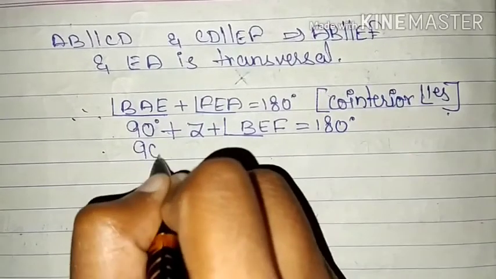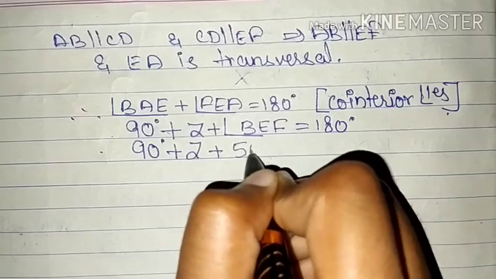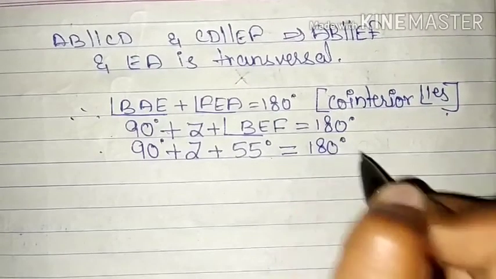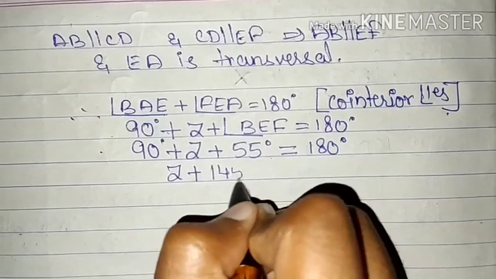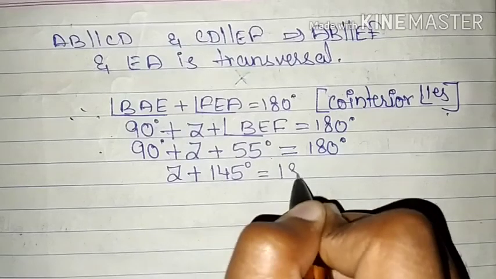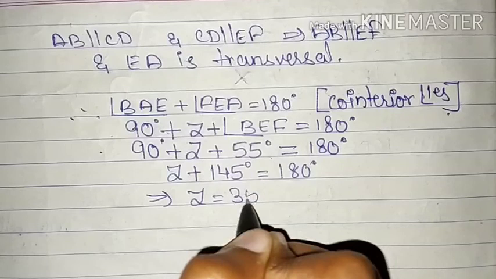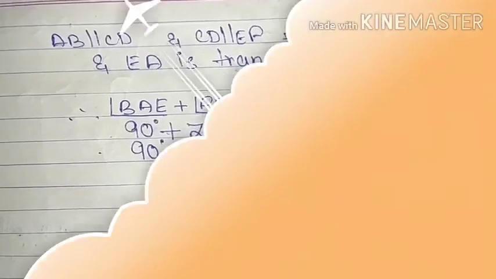So this implies 90 degrees plus Z plus 55 degrees, because we know that BEF is 55 degrees, is equal to 180 degrees. So Z plus 145 degrees is equal to 180 degrees. This implies Z is equal to 35 degrees. This is the required solution.